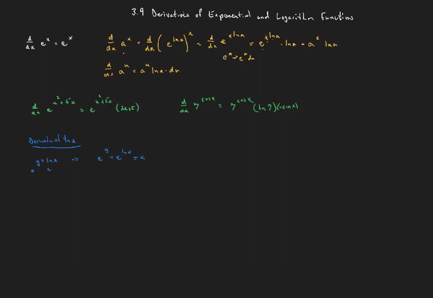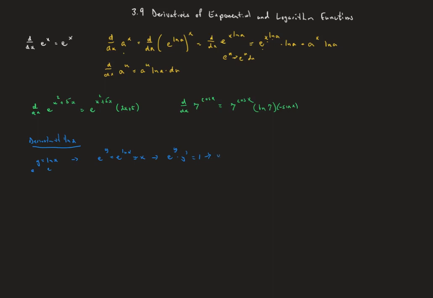Now if we differentiate that using implicit differentiation, we'll get e to the y times y prime is going to equal the derivative on the other side of x, which is 1. And so that will get us to, instead of making that an equal sign, let me make it just an arrow.